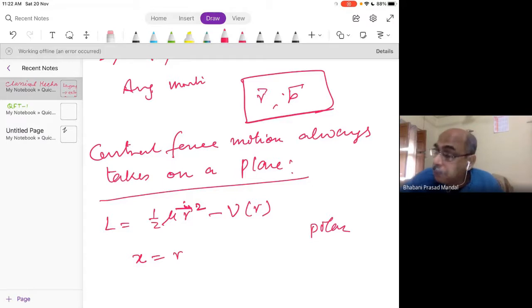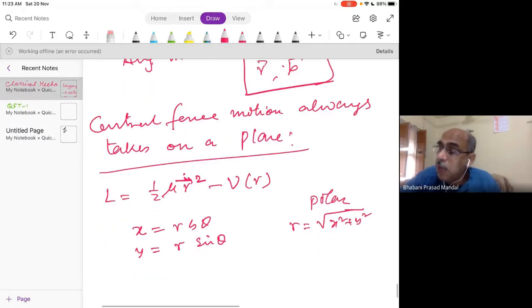So, r going from 0 to infinity and theta going from 0 to 2 pi will cover the whole two dimensional plane. Here r equals root over x square plus y square.